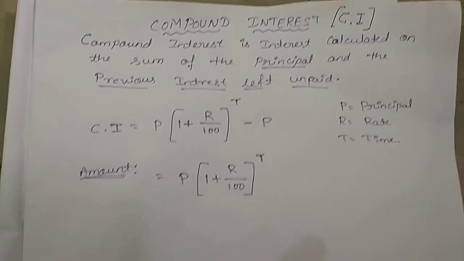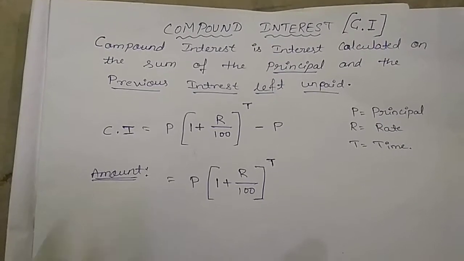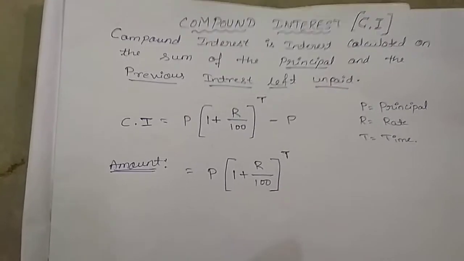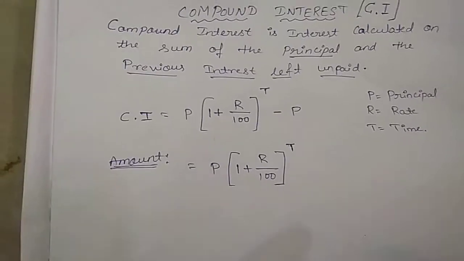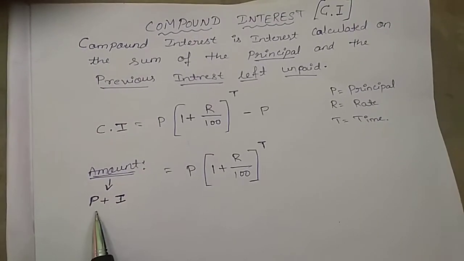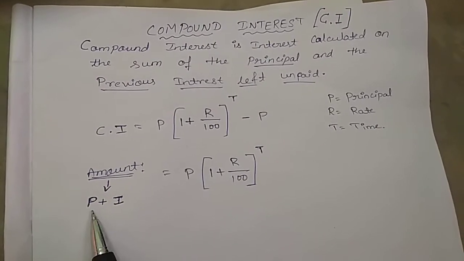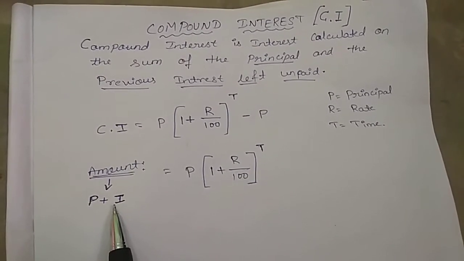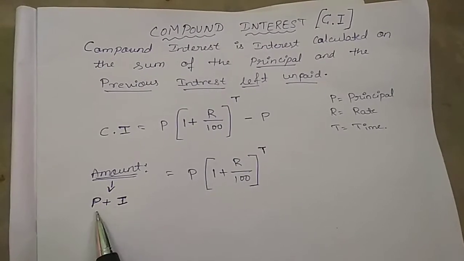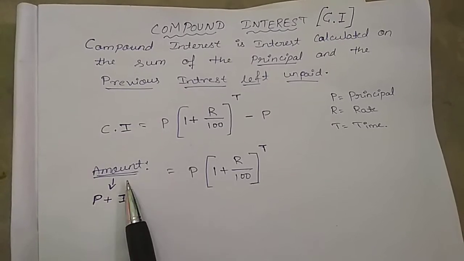I have written another formula here to calculate the amount. We know that amount includes not only the interest, it includes the principal plus the interest which is calculated. By adding both principal and interest, we call it the amount.